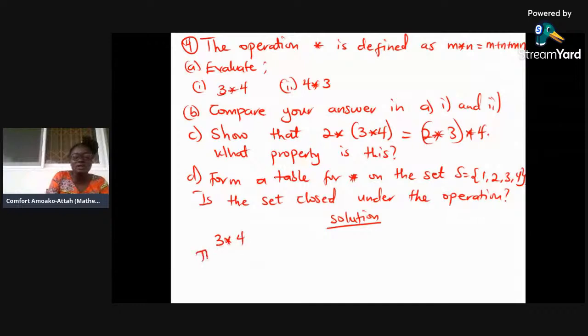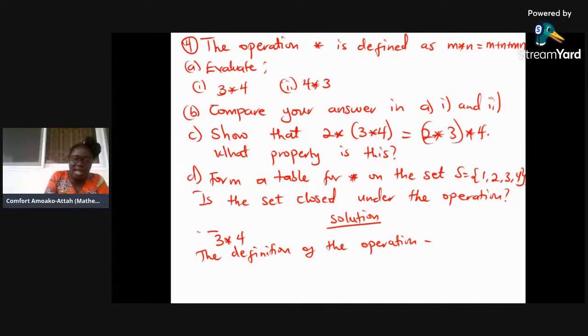The definition of the operation, we have it as this: M star N equals that. So wherever you see M, you fix in 3.